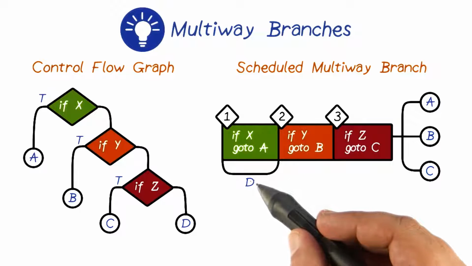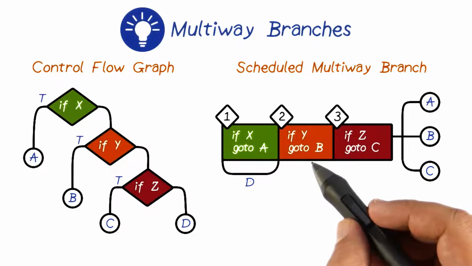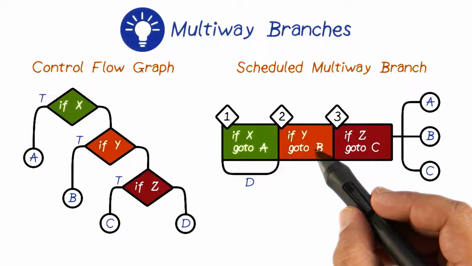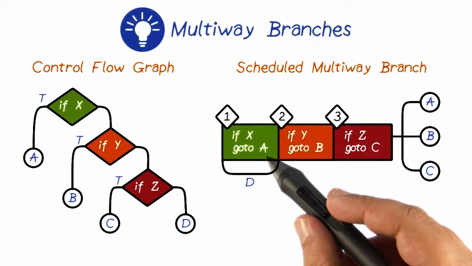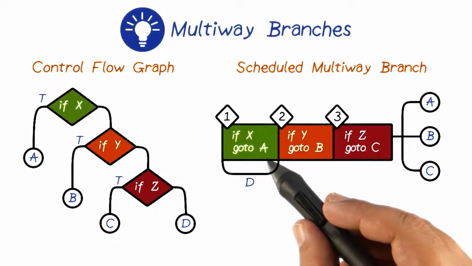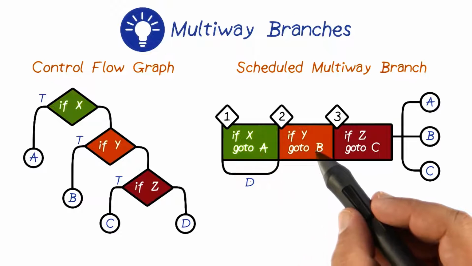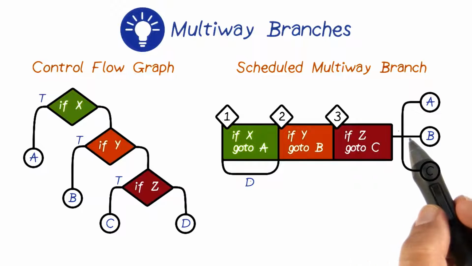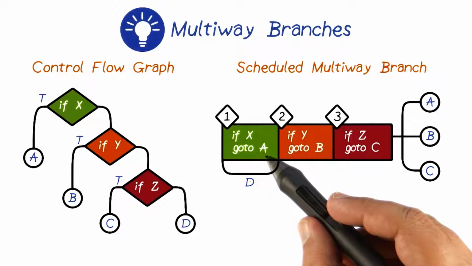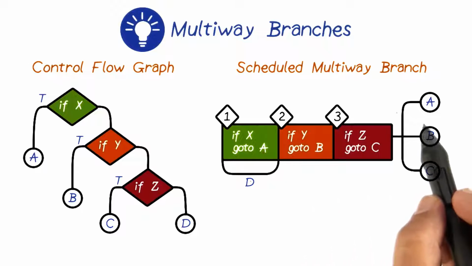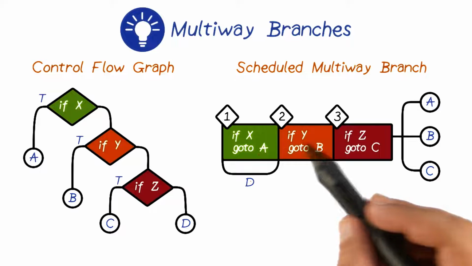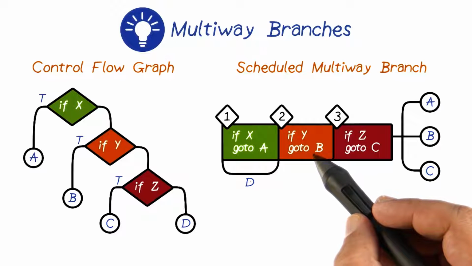That's shown over here. Now, in terms of the VLIW execution, here is how it works. The predicate of the second branch depends on the outcome of the first branch. So if the first branch happens to be true, the predicate of the second and third branch happens to be false, and the effective destination is A in this particular case. However, if the first branch is false, then the second one gets activated in terms of its destination.